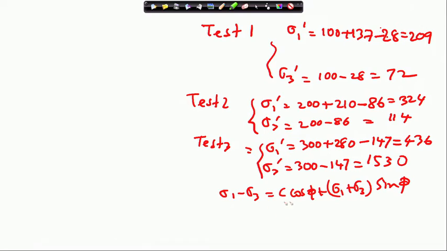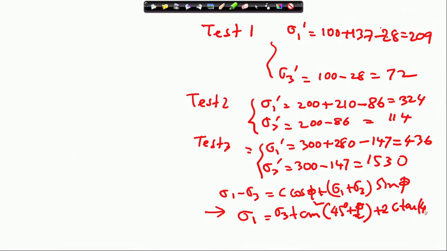This is one form, and if I simplify, in terms of sigma 1 directly, sigma 1 will be sigma 3 tan square 45 degrees plus phi by 2, plus 2 c dash tan 45 degrees plus phi by 2. So this is another form of the equation.